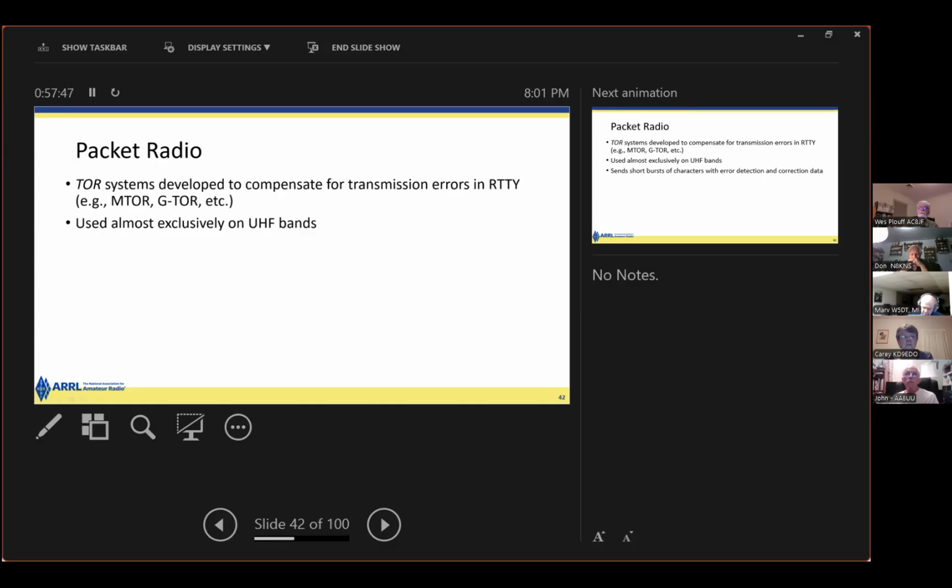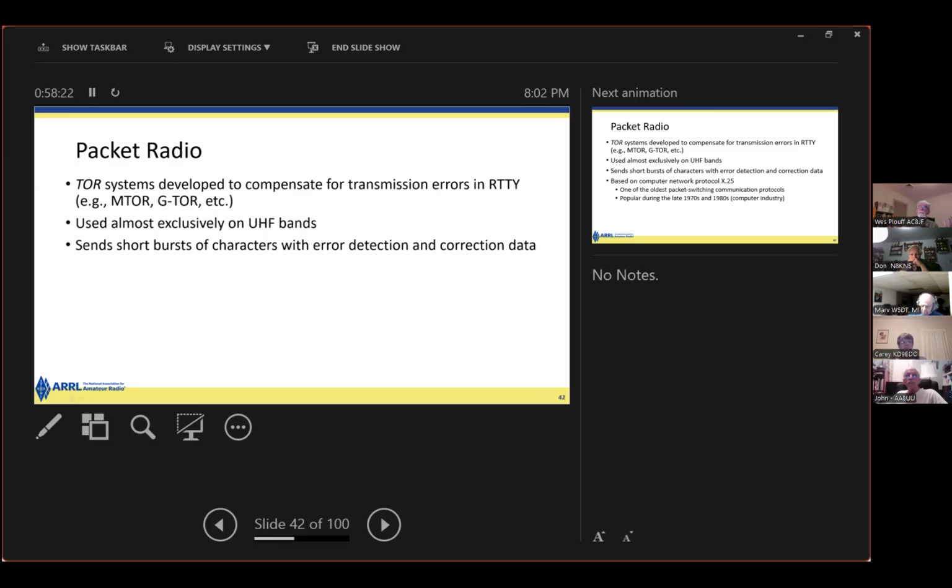Those are used mostly on the UHF bands, and they're used for networking via radio, much the same way as there are wired communication networks, much the same way as the internet that comes out of your wall socket, or over your cable system, is used for computer networking.